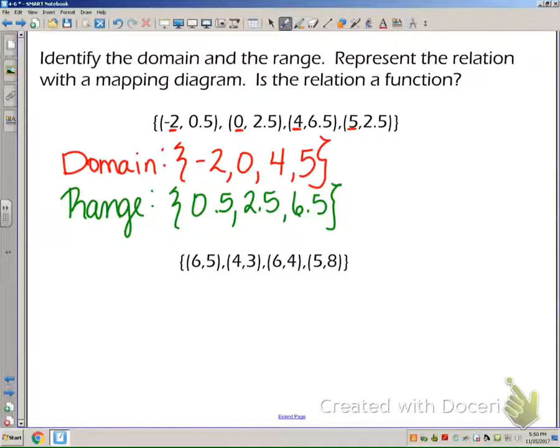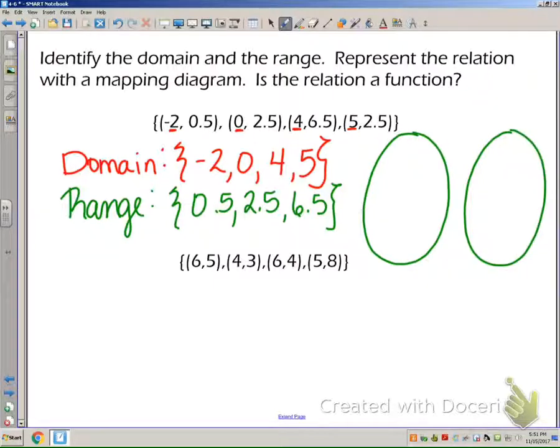So then it says represent that relation with a mapping diagram. So a mapping diagram is nothing more than two circles. And in the first circle, we're going to list all of the x values. And I like to always list mine in order, so -2, 0, 4, and 5, and then we're going to map them to their corresponding y values.